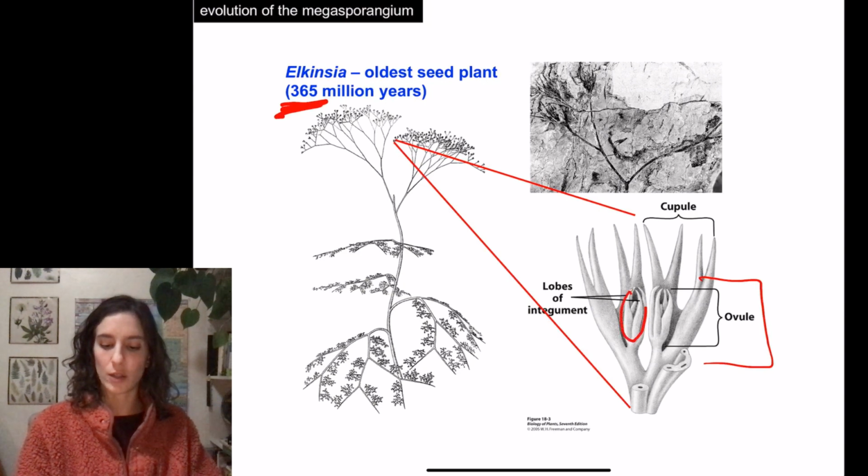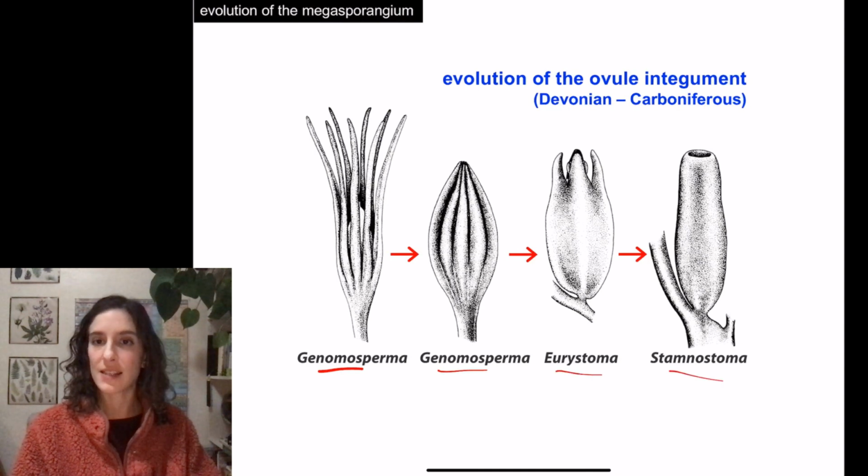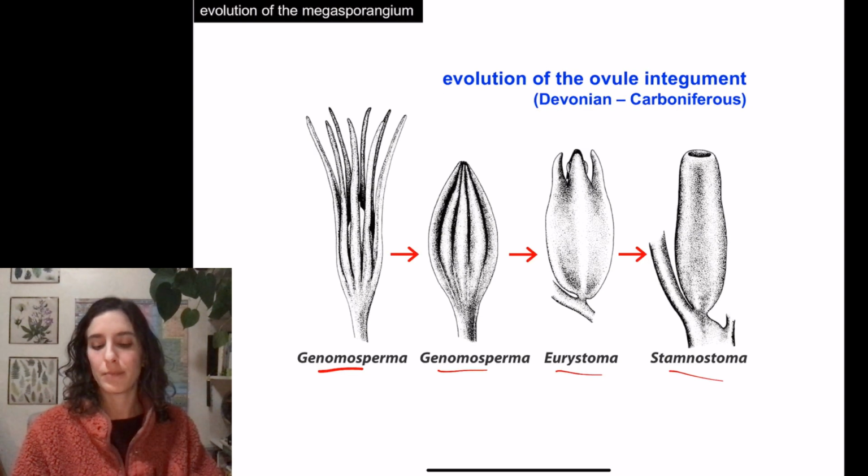There are these lobes of integument, these protective layers, like I said, and they fused over time. We have multiple lines of evidence of these different extinct fossil taxa that people have studied and realized that yeah, we do have a pretty complete story of pretty much exactly how an ovule evolved over time.